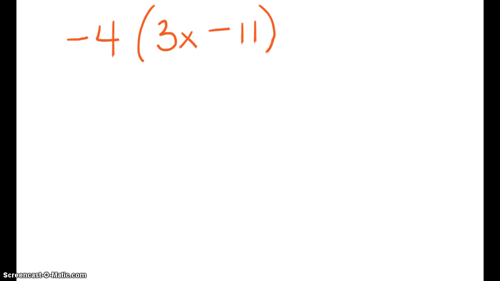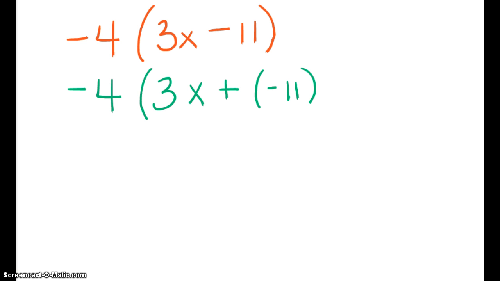Alright, in this one, what I'm going to do first is change subtraction to addition. I'm always going to change subtraction to addition. Oops, and actually I can use brackets to avoid having double parentheses. So you end up with 3 plus negative 11.